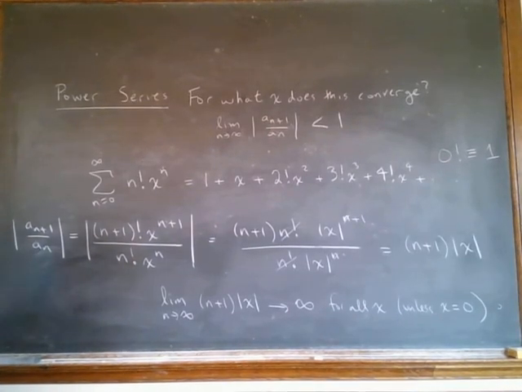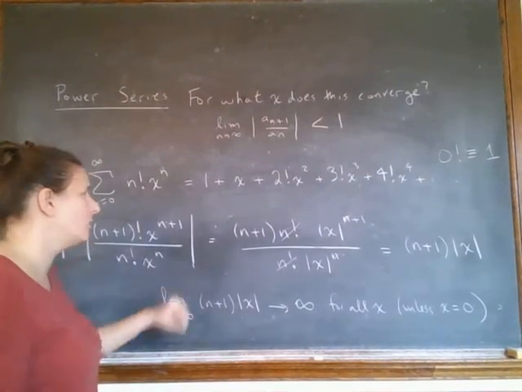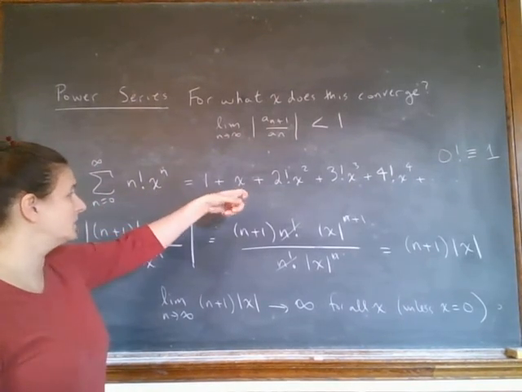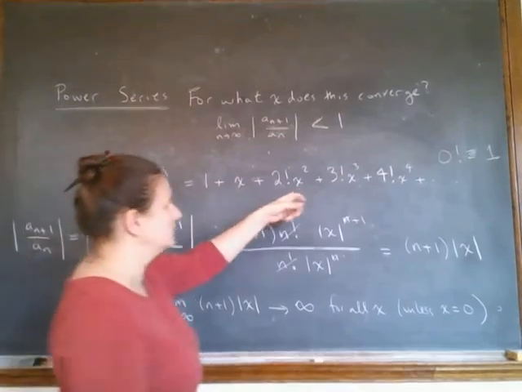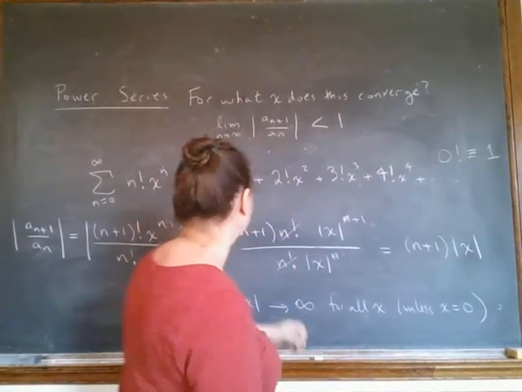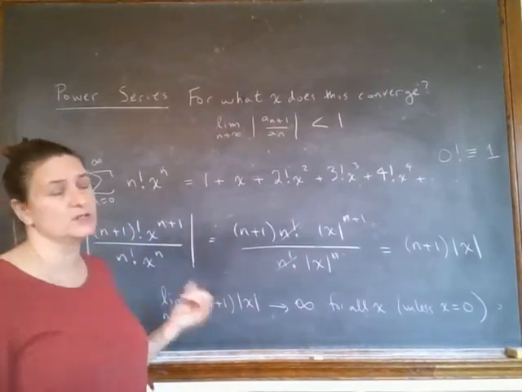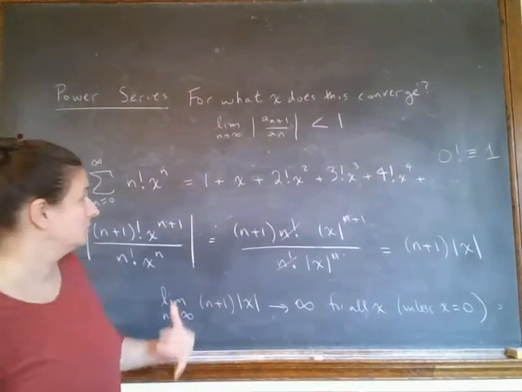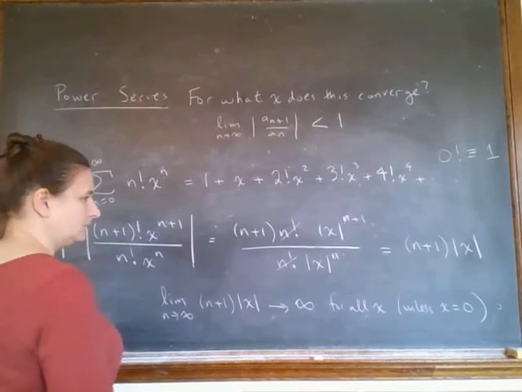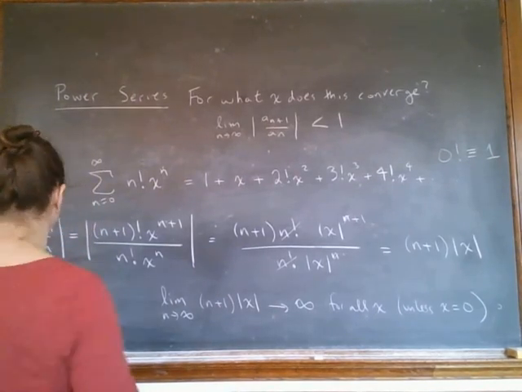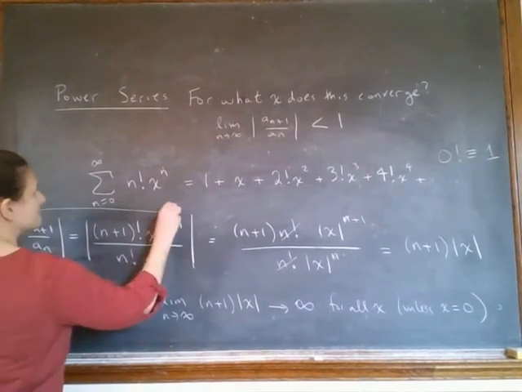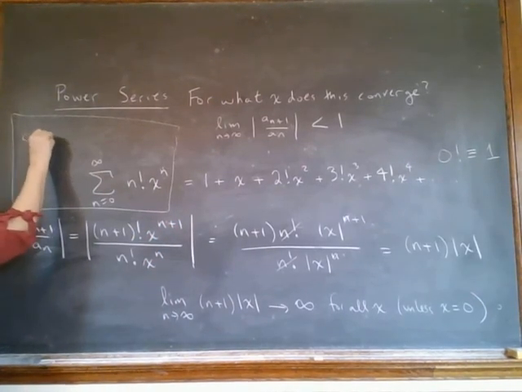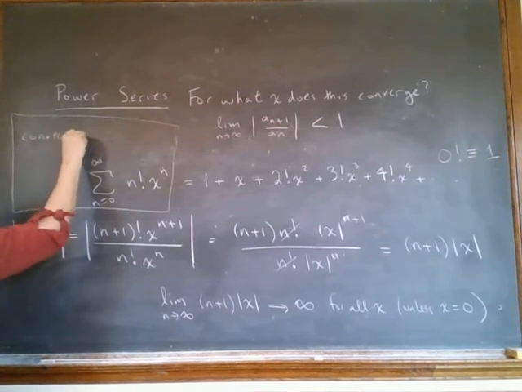What happens if x equals 0? Do you have to worry about it here? I wouldn't. I would go back here. What happens if I put in x equals 0? I have 1 plus 0, 0, 0, 0. So it will converge at x equals 0, but only for x equals 0. So the answer is: this is very bad.